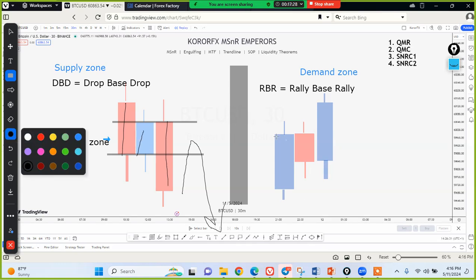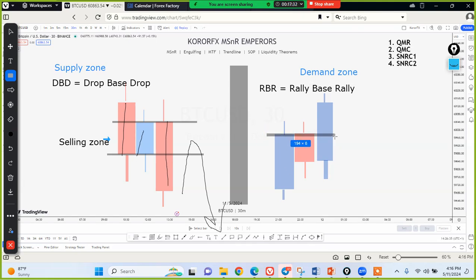Where is the zone where I want to buy as a demand zone? Here is the demand zone. And you have to know that this is a manipulation section, zone or level. So I have to always buy this base candle body.